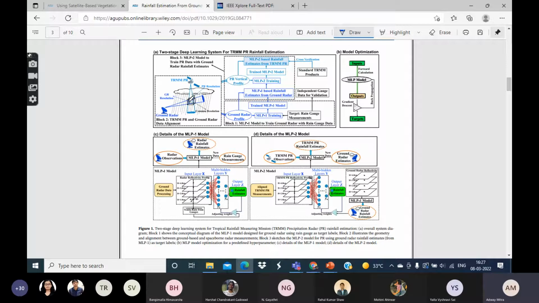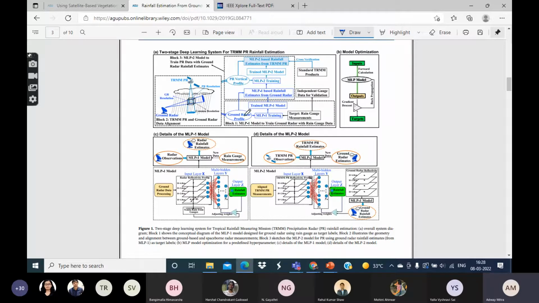As you can understand, the ground radar is here, taking a sideways image like this, which they call a profile view. So the input to this network is the profile view image captured by the ground radar, and the corresponding target is the actual values of the precipitation in that region as obtained from the rain gauge measurements.